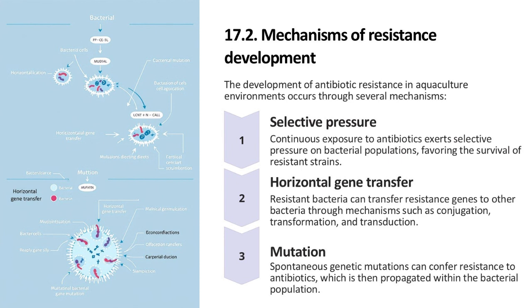Horizontal gene transfer: resistant bacteria can transfer resistance genes to other bacteria through mechanisms such as conjugation, transformation, and transduction. Mutation: spontaneous genetic mutations can confer resistance to antibiotics, which is then propagated within the bacterial population.